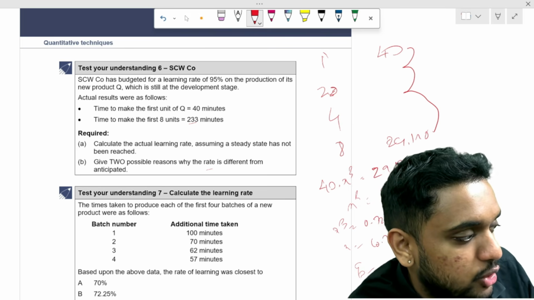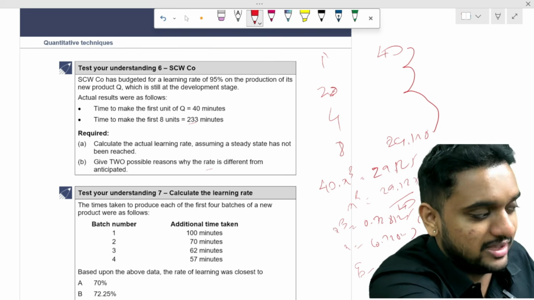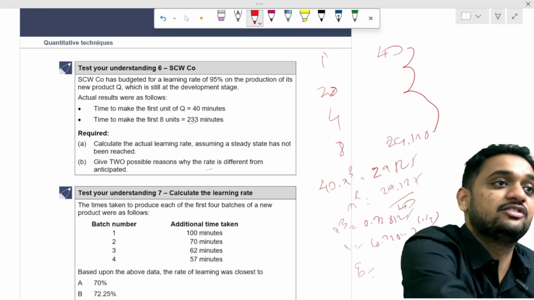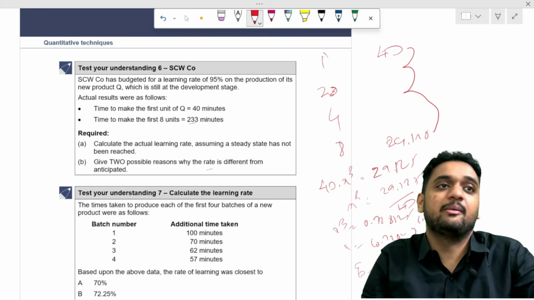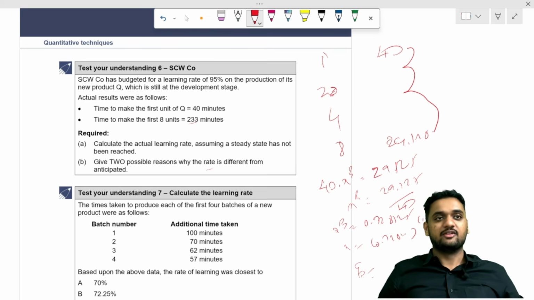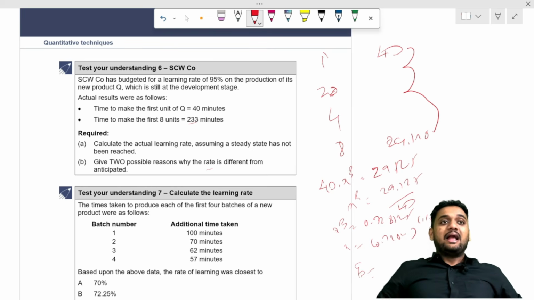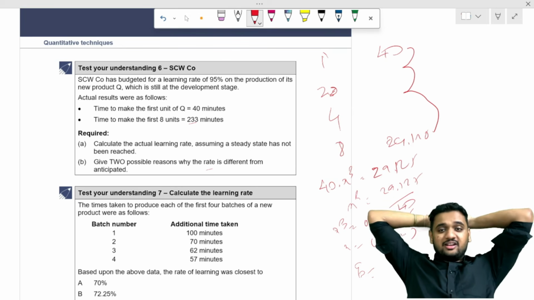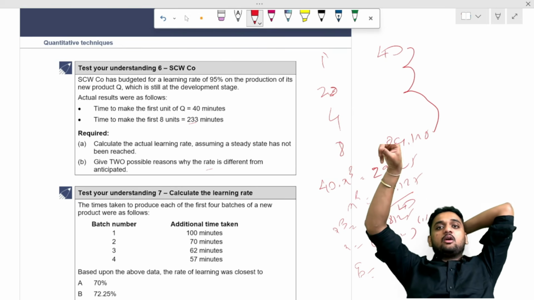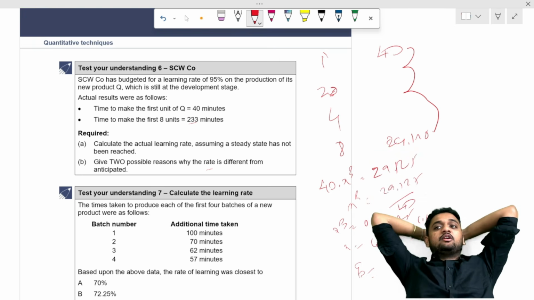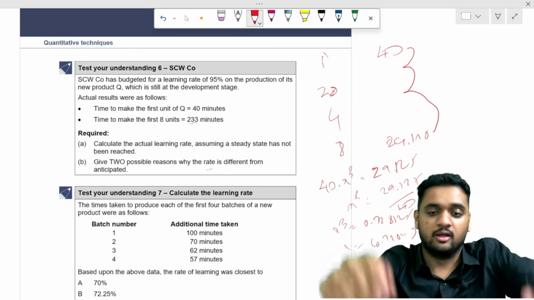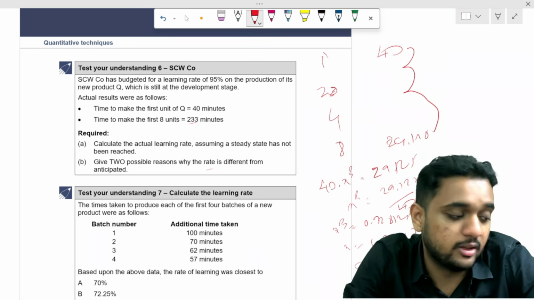So 40 into x percent into x into x gives this, so 40 into x cube gives that amount. x cube is that amount divided by 40, which gives 0.728125. To the power 3, when it goes to that side, it becomes to the power 1 by 3. To the power 2 becomes to the power 1 by 2. All that to the power 1 by 2 or 1 by 3 should be put in brackets.